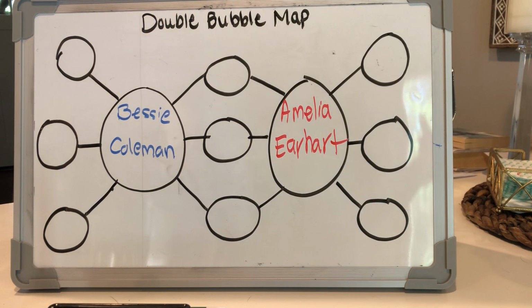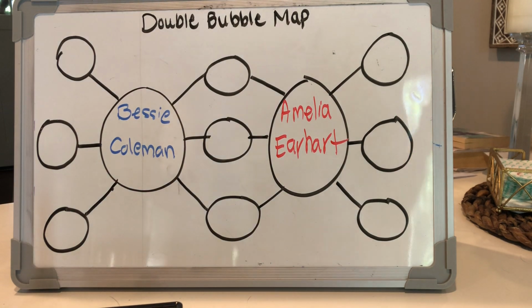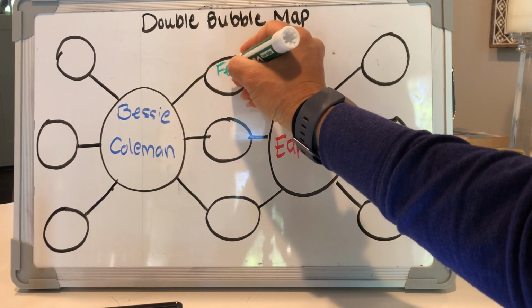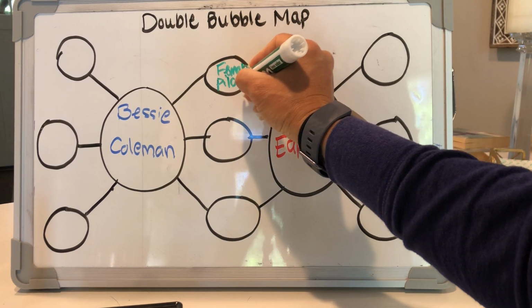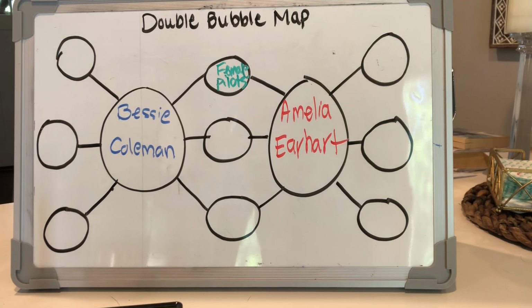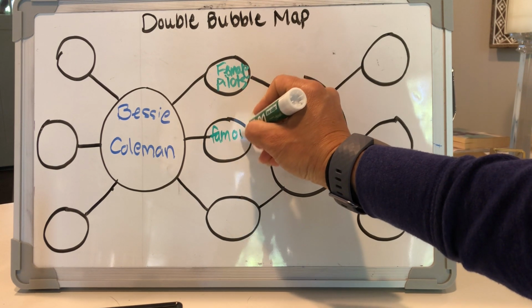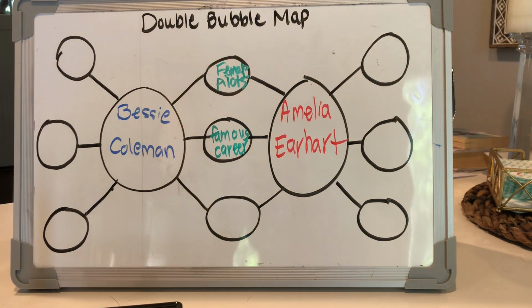comparisons, our similarities first. I'm going to do that in green. So they were both female pilots. And they both became famous for their career. So they were famous in their career.